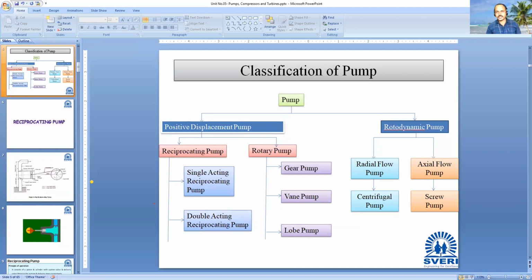Underline that, pressure energy to the liquid, to move it from one place to other.